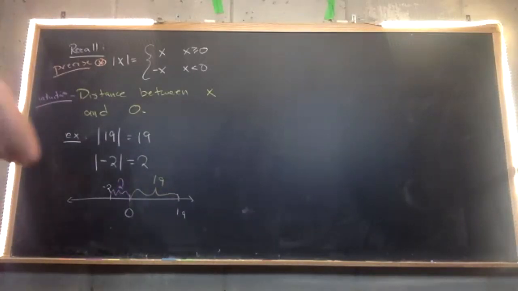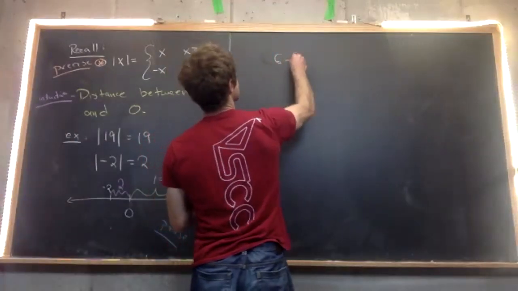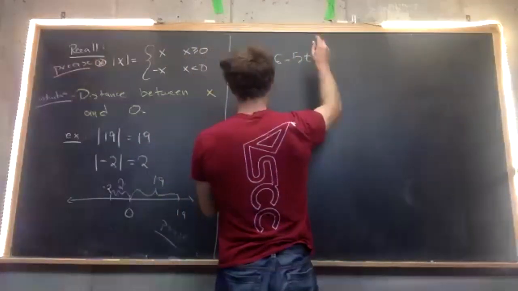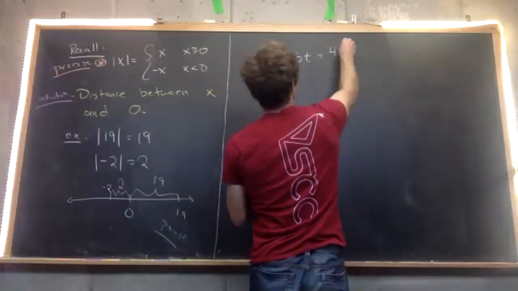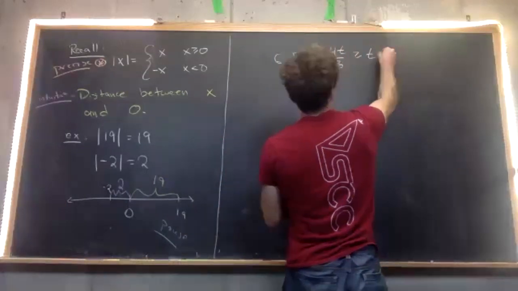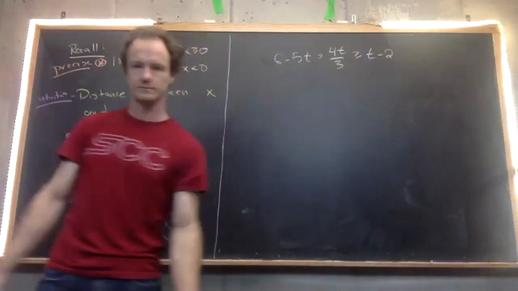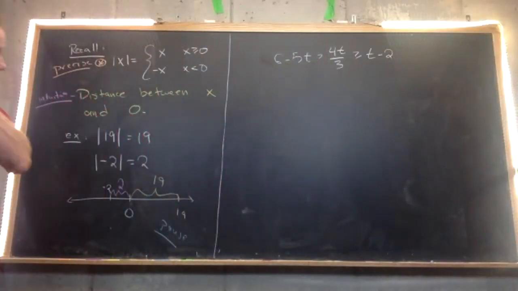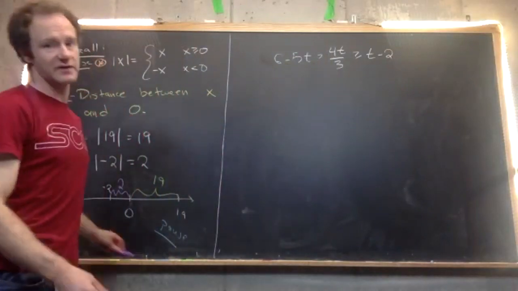So, this is 6 minus 5t is bigger than 4t over 3, which is bigger than or equal to t minus 2. Okay, so this is a compound inequality.